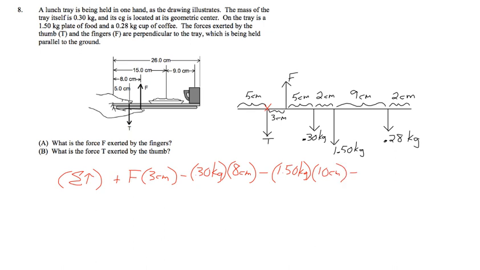And the last one is 0.28 kilograms times its distance to the pivot point, which is going to be 3 plus 5 is 8, plus 2 is 10, plus 9 is 19. So that's going to be 19 centimeters. And this whole thing has to add up to 0.